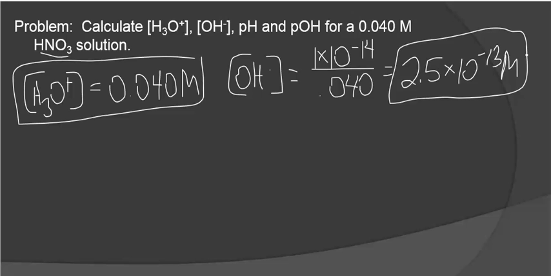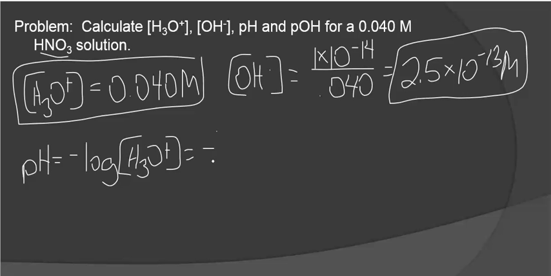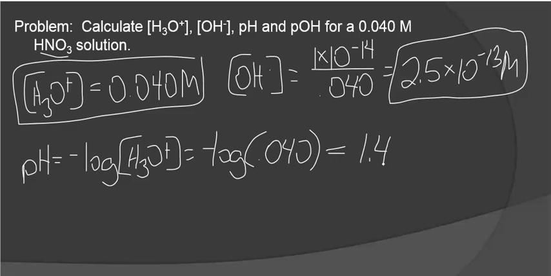Now to find the pH, pH is equal to negative log of H3O, which is negative log of 0.04. And if you find this function on your calculator, so that you can get the same answer that I'm getting, you'll get a pH of 1.4, which tells me that's very acidic because the pH is below 7.